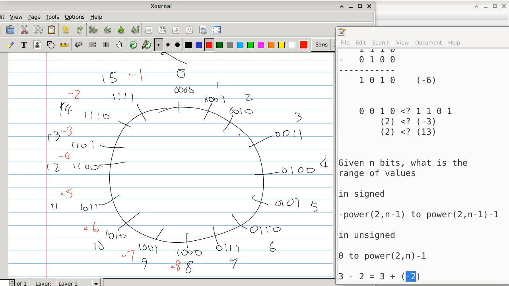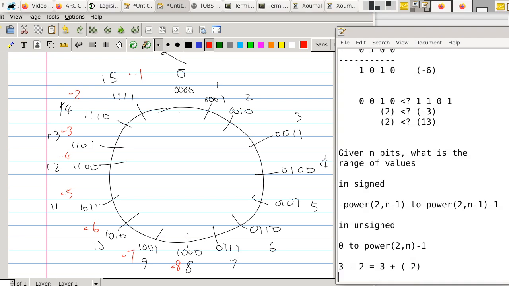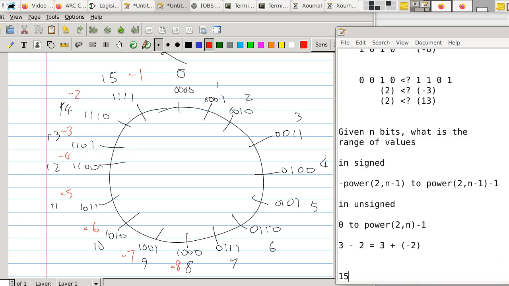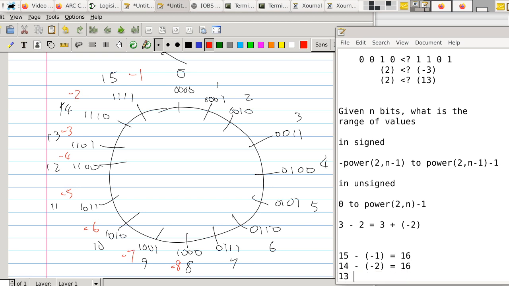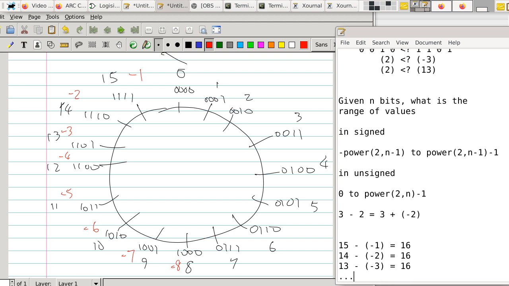So that means, to express it here, we notice the pattern of 15 minus negative 1 is 16, 14 minus negative 2 is also 16, 13 minus negative 3 is also 16, and so on.